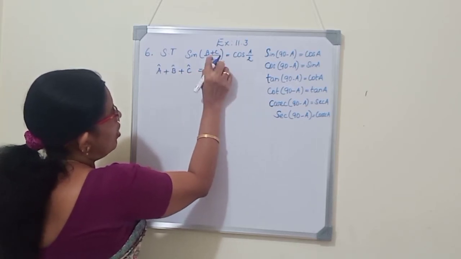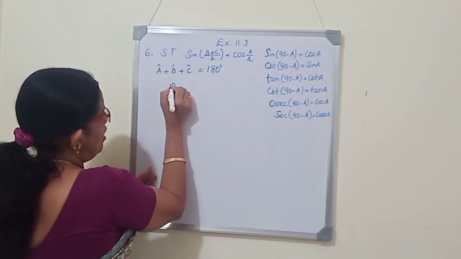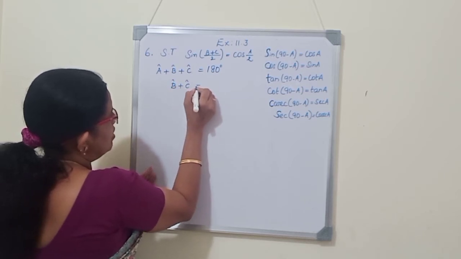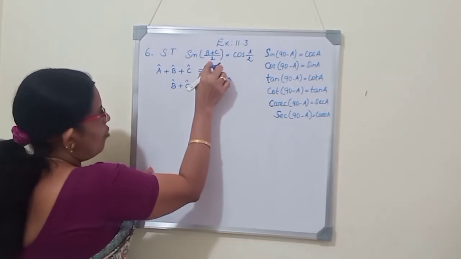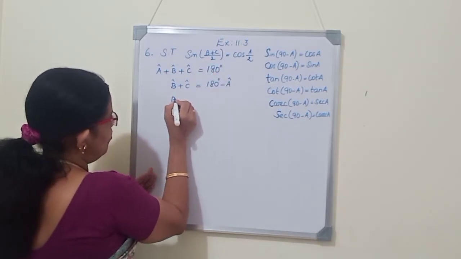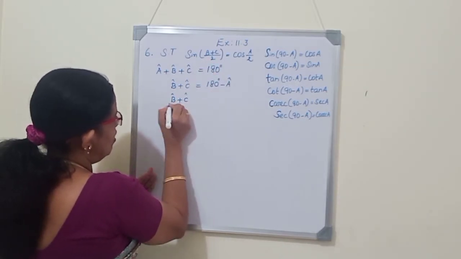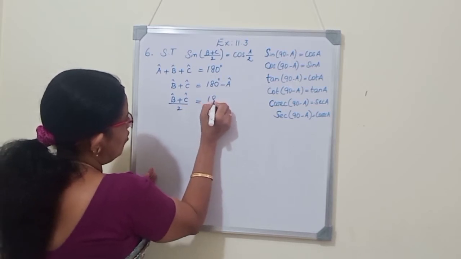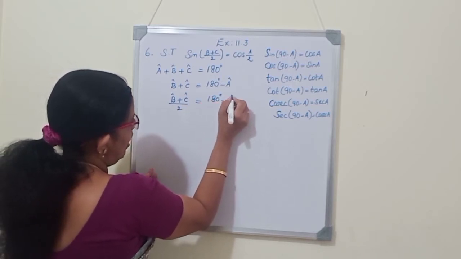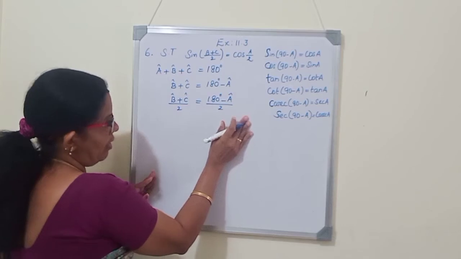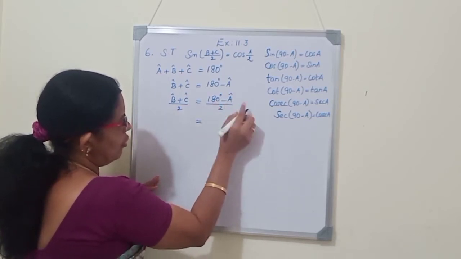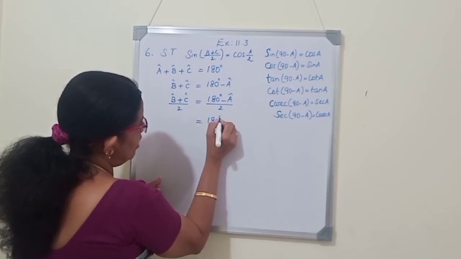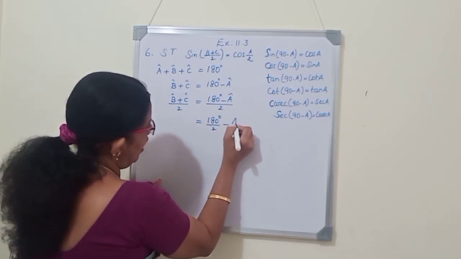So here we want (B plus C) by 2. So I will write angle B plus angle C is equal to 180 minus angle A. Now we will divide both the sides by 2. So (angle B plus angle C) by 2 equals (180 degree minus A) by 2. Both the sides divided by 2. Now here I will separate the numerator, that is 180 degree by 2 minus A by 2.